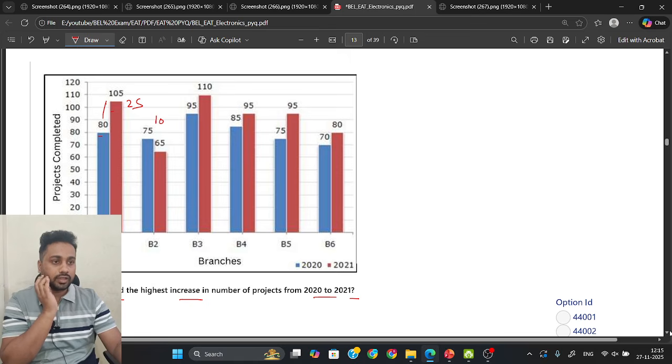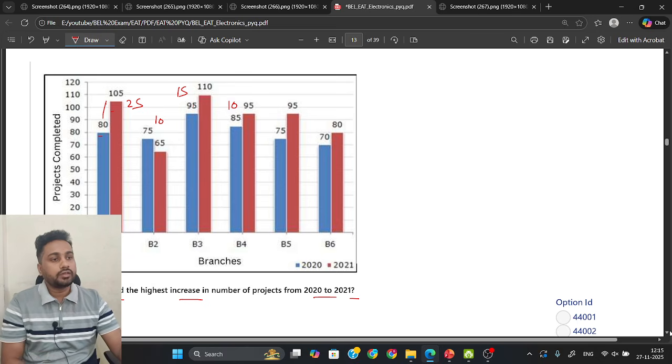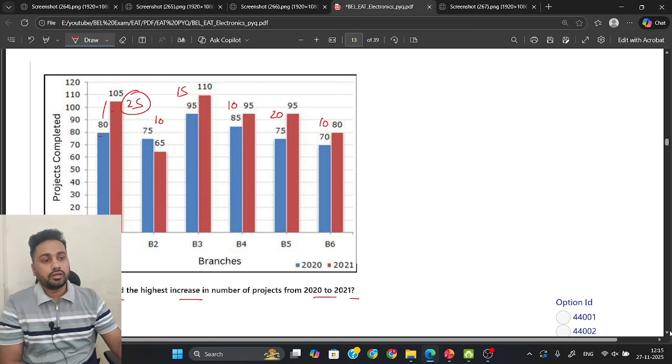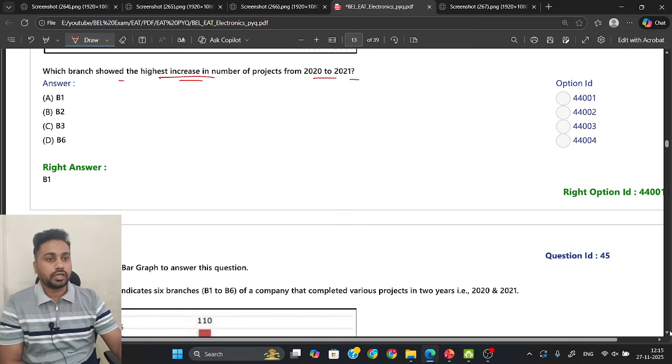Then here the difference will be 10. Here the difference will be, 95 to 110, you will get 15. Then here you will get 10. Here you are going to get 20, and here again 10. So this is the highest increase. So B1 is your right answer. B1 branch is the highest one, so A is the right answer.